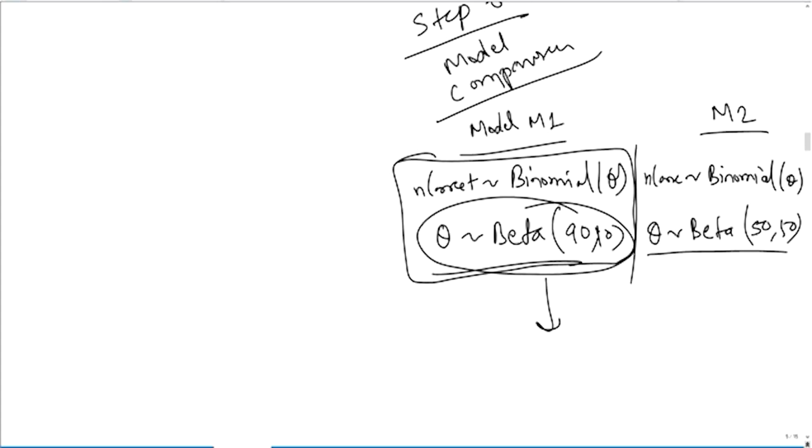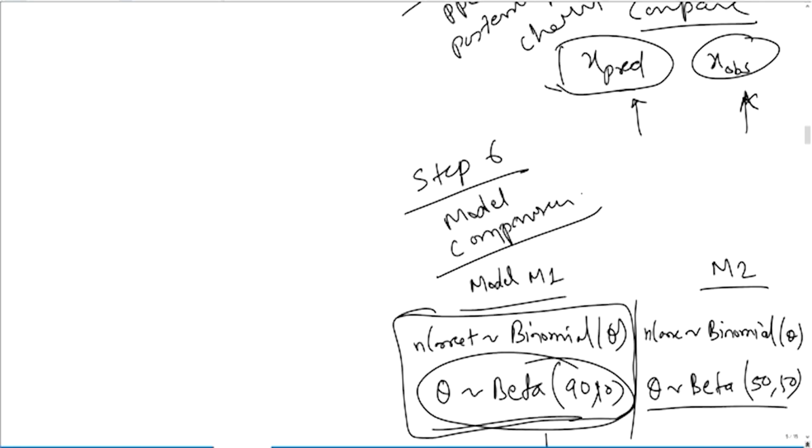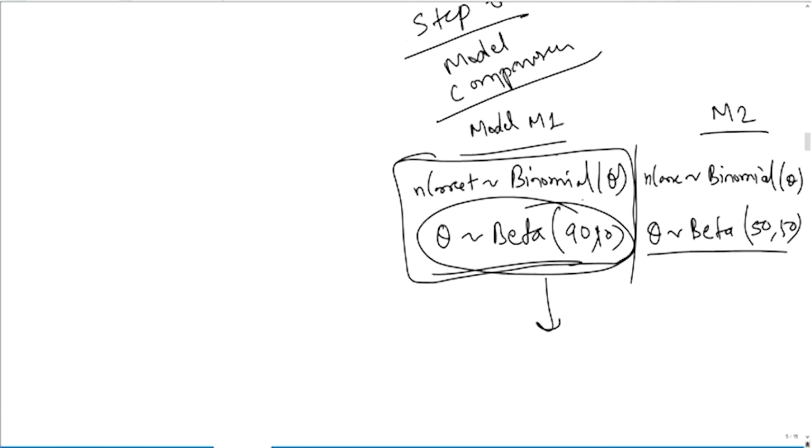Okay. So, under the assumption that theta is somewhere around 0.9, the model performs better. Okay. You can do much more sophisticated model comparison as well. Okay. But that is just to show you how it is done.